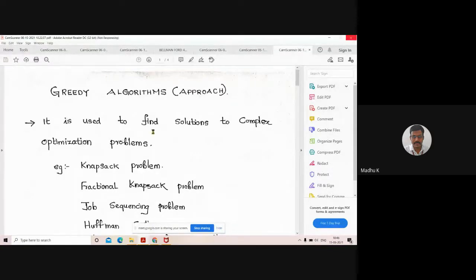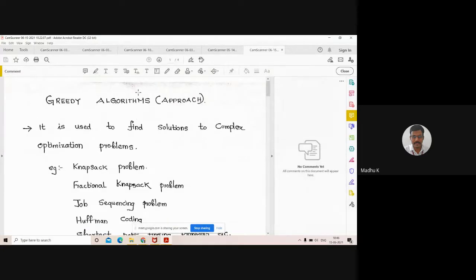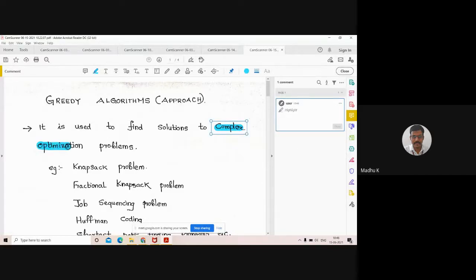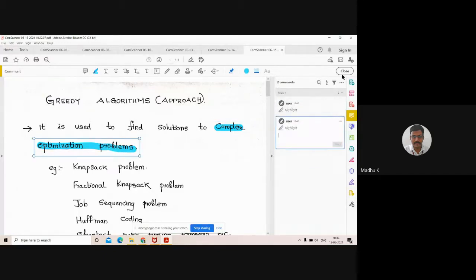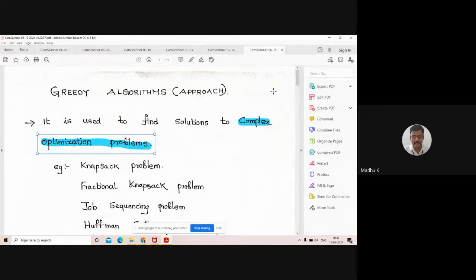It is used to find solutions to complex optimization problems. The first point to note is that the greedy approach is suitable for solving complex optimization problems. So what is an optimization problem? We need to get the optimal solution. That type of problem is called an optimization problem.